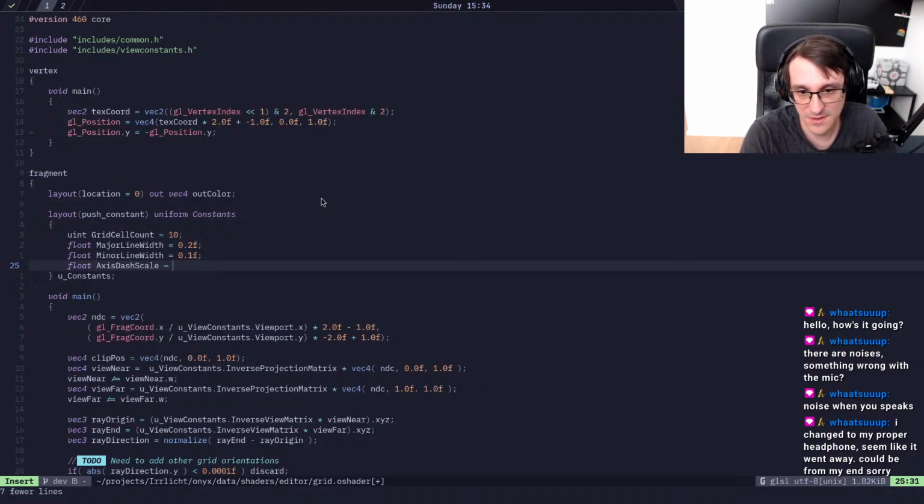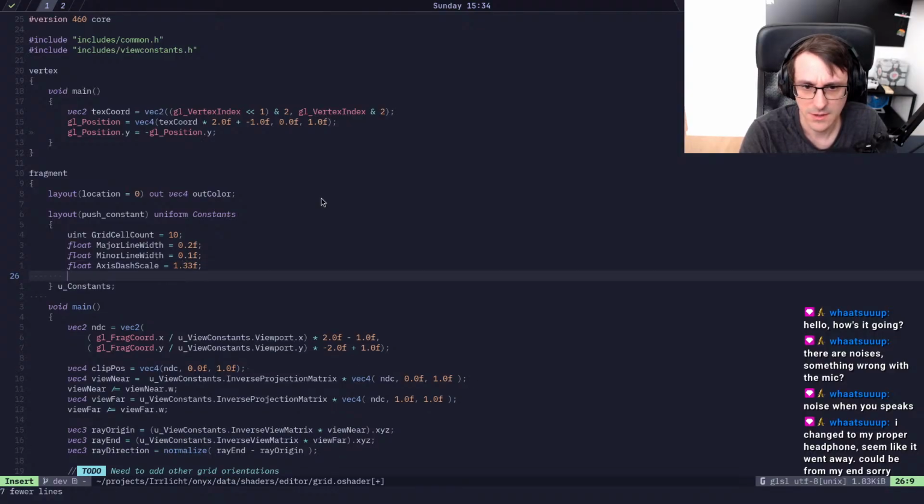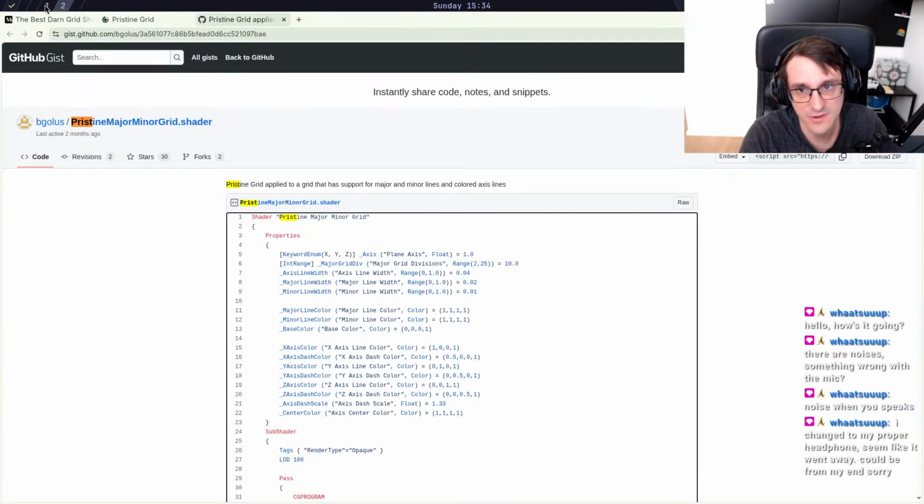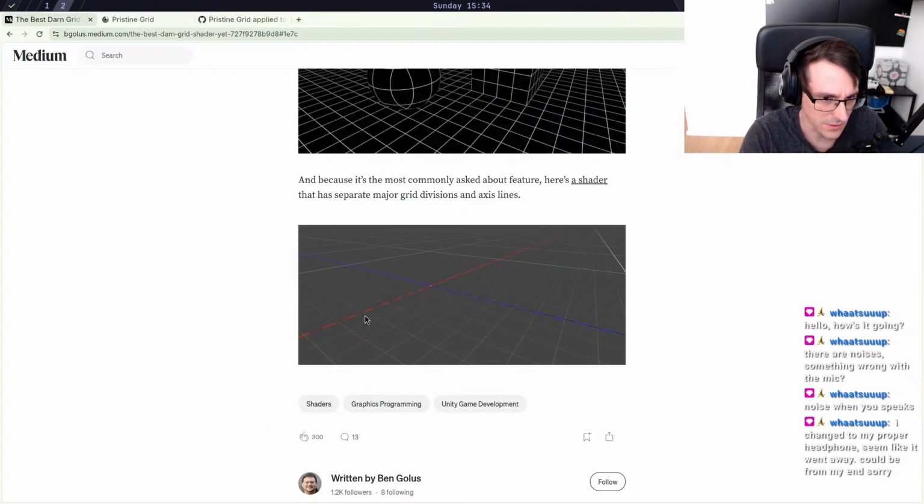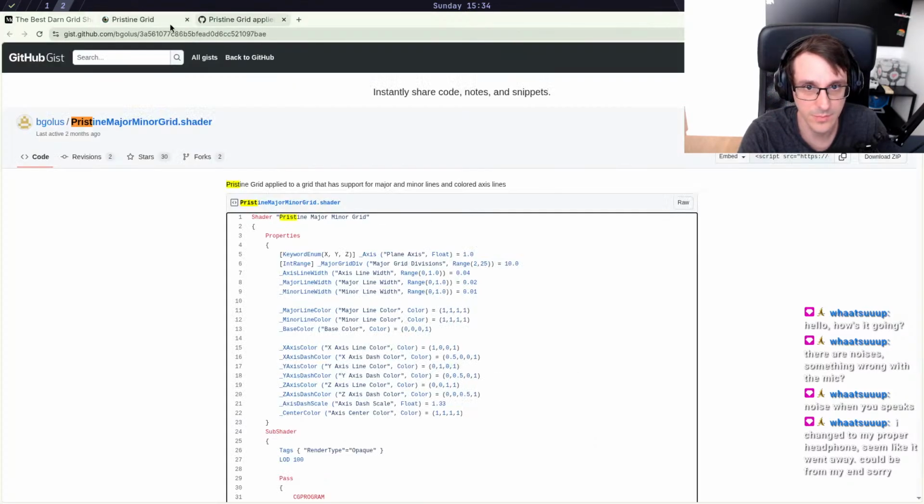My x is dash scale, and here it's like 0.133. That's basically the world units apart between the dashes in the negative direction, because as you can see in this image, the lines are dashed in the negative direction, which I probably want to get rid of.